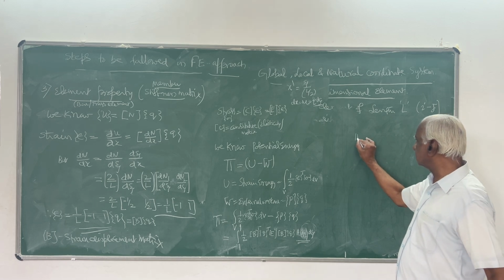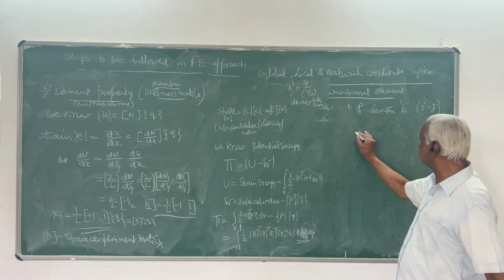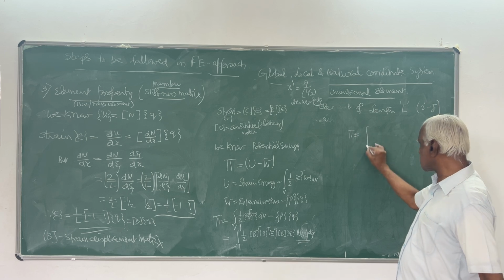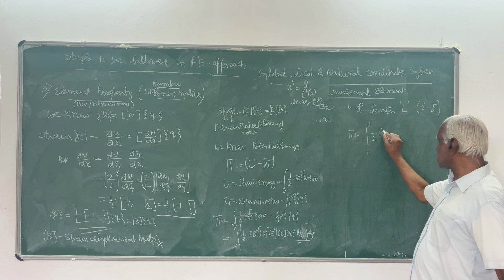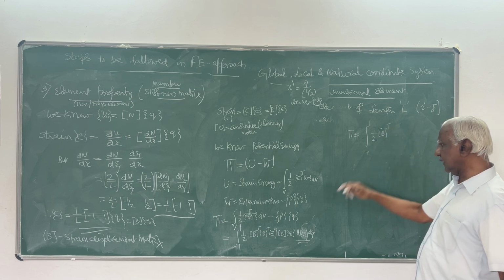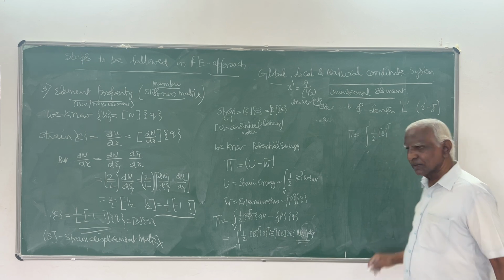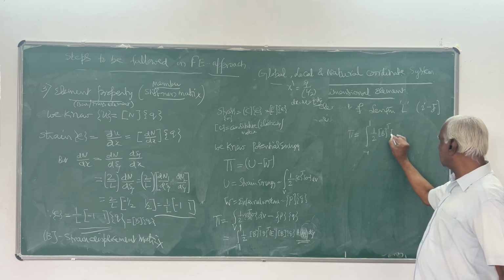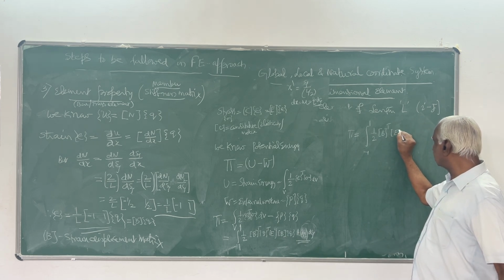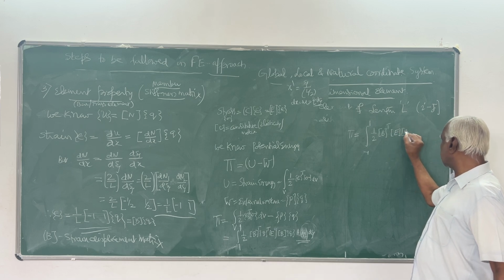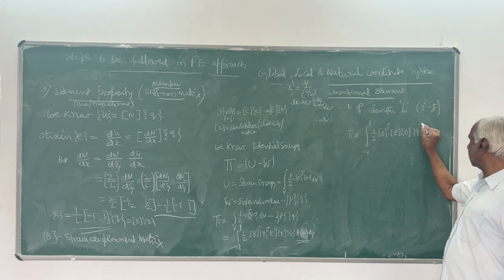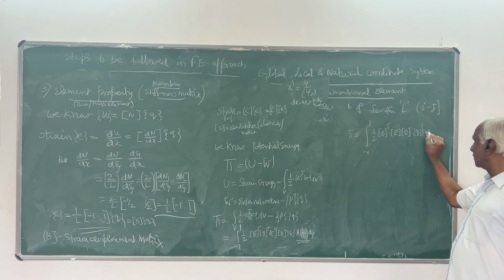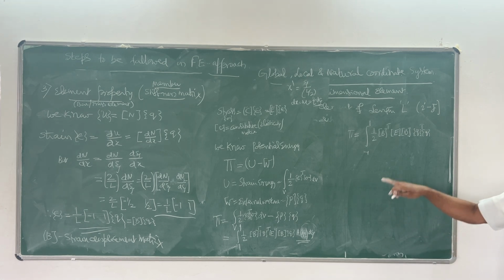So Pi is equal to, as the last step, you can remember this formula straight away: B transpose, this is your C, Q transpose B transpose, I write B first, then Q transpose, Q. One is from strain, another from stress.